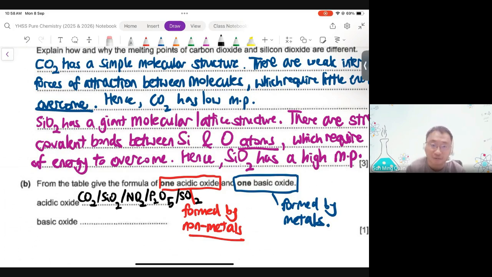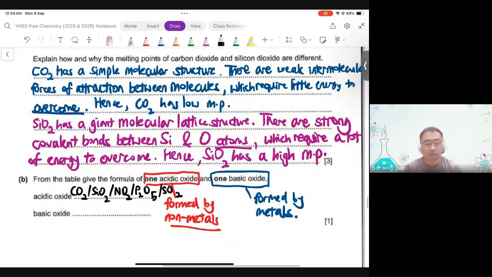Oxygen doesn't count. Oxygen is an element. Oxide is a compound. So any one of the 5 over there is fine. Next one, basic oxide. Formed by metal, so you have lithium oxide, sodium oxide, magnesium oxide.